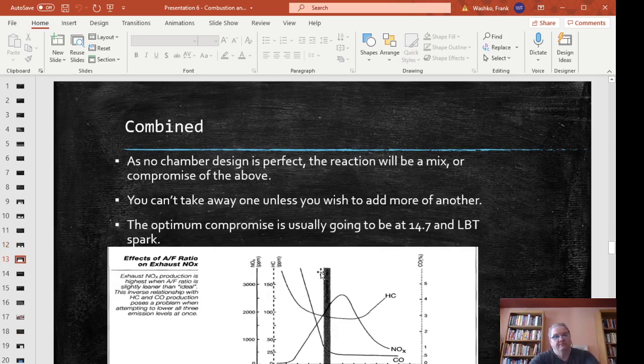Okay, so if you combine all these concepts into a unified concept here, the typical engine today is designed really well. We understand how to design the chambers well.